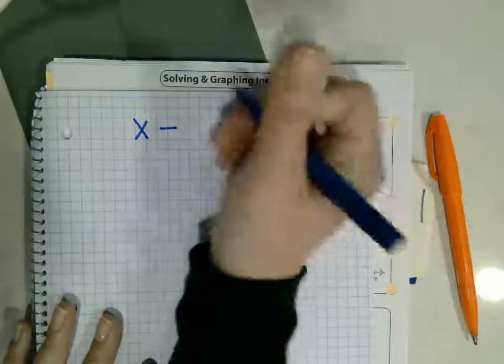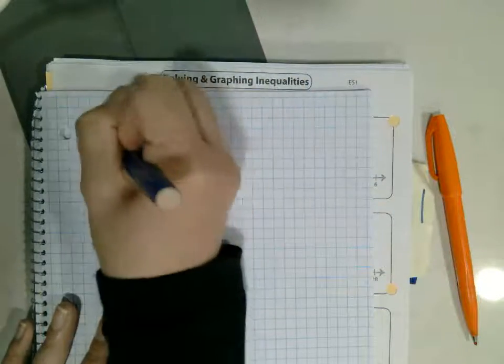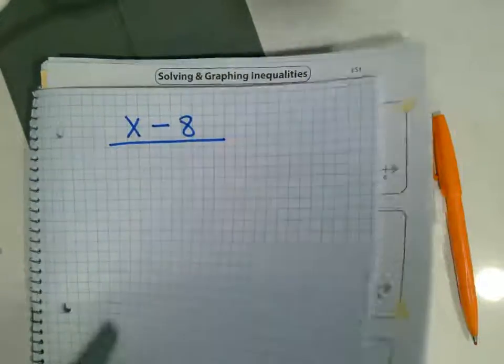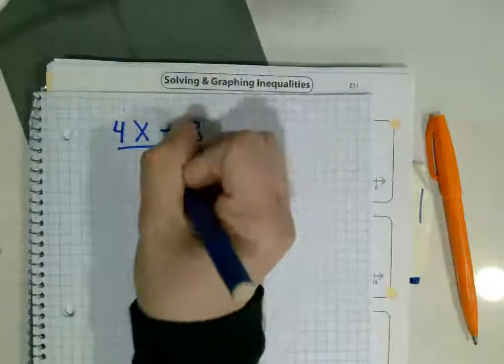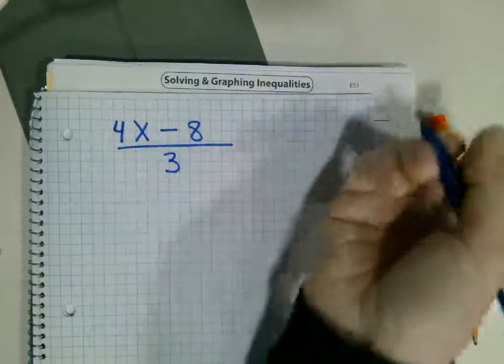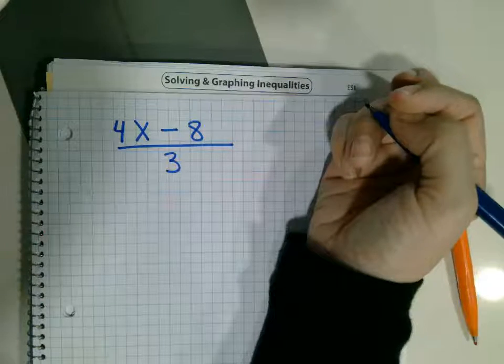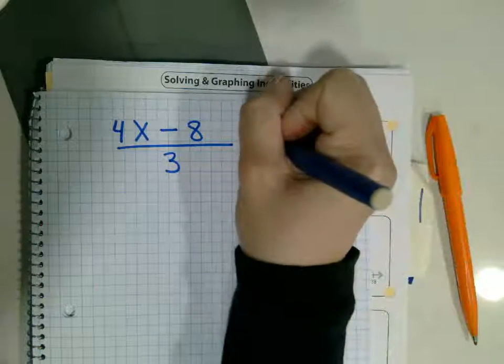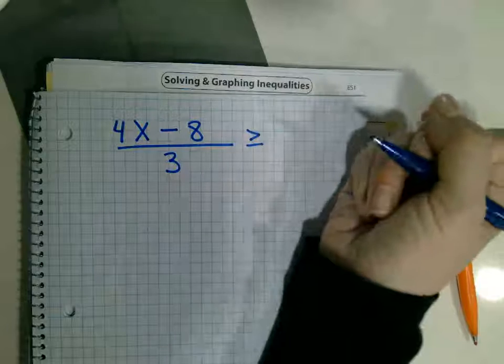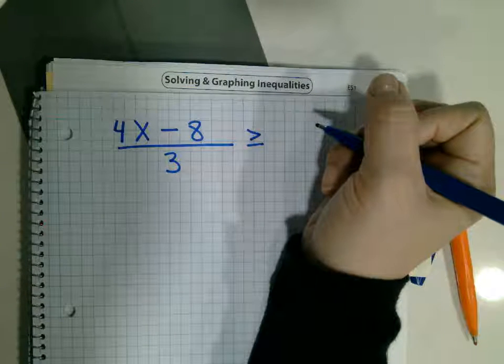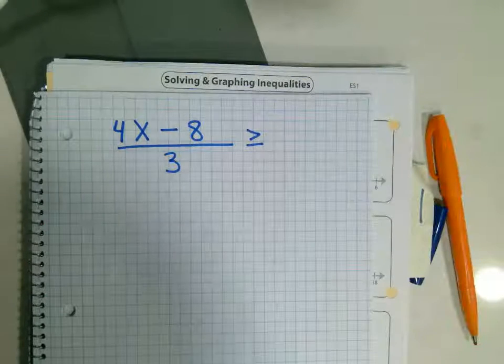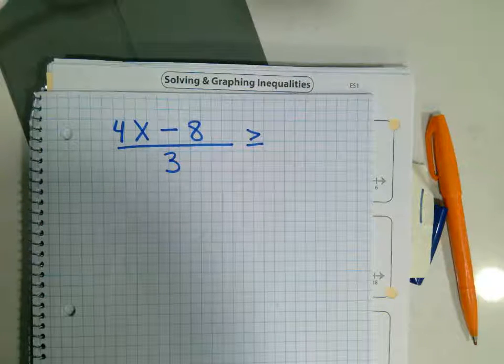x minus 8, over 3, is greater than or equal to, let's see. Just trying to do the math. Give me 1 second.